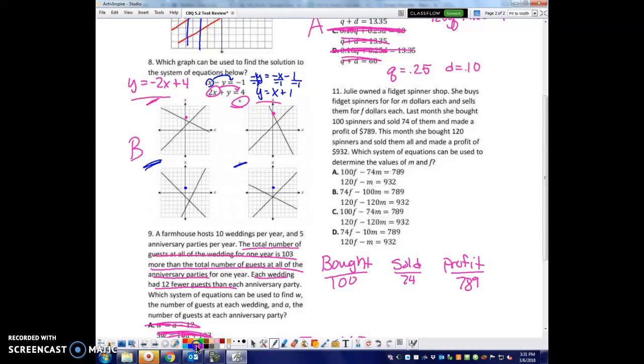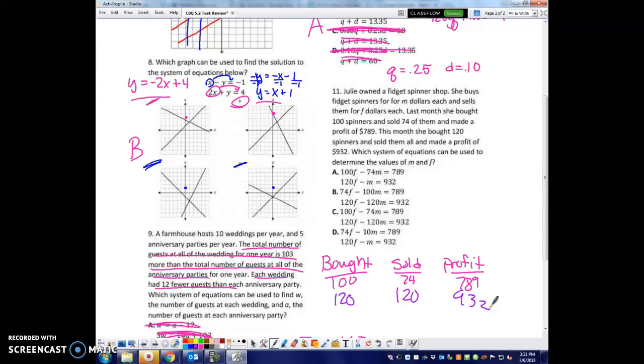This month she bought 120 spinners and sold them all and made a profit of $9.32. Which system of equations can be used to determine the value of M and F?